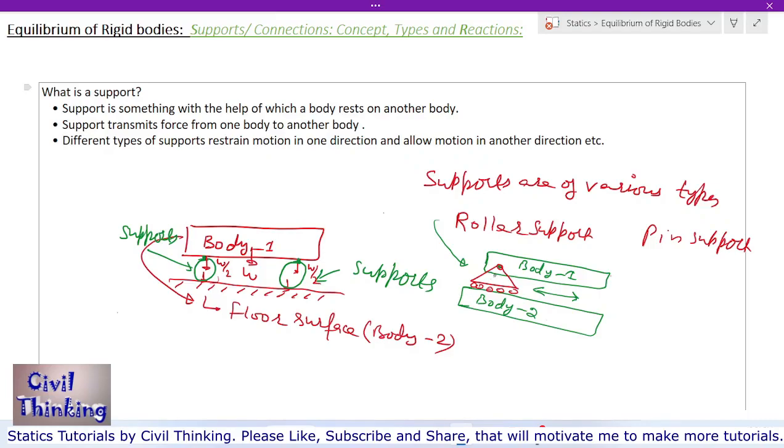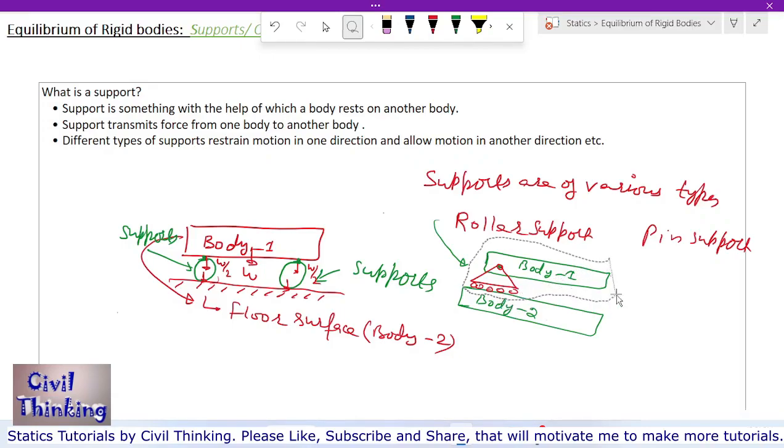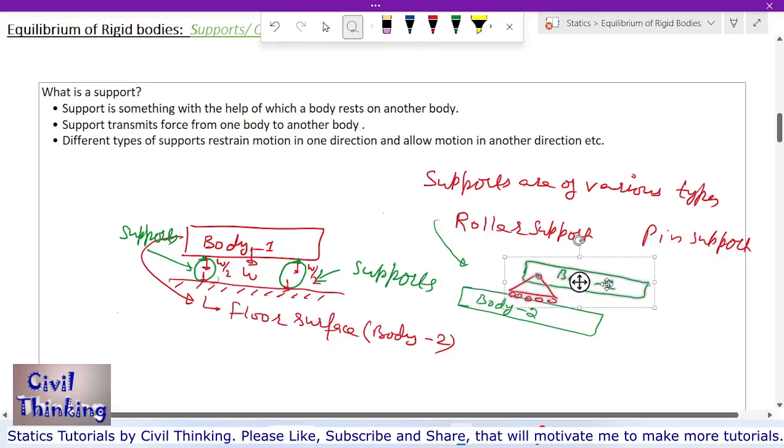This body 1 cannot go inside body 2, because body 2 is a solid body and will resist. Body 1 can roll on body 2 like this, but it cannot go down, because there is body 2. So the roller support allows left right motion and also rotation at this point.